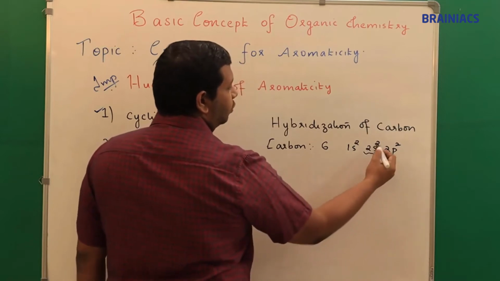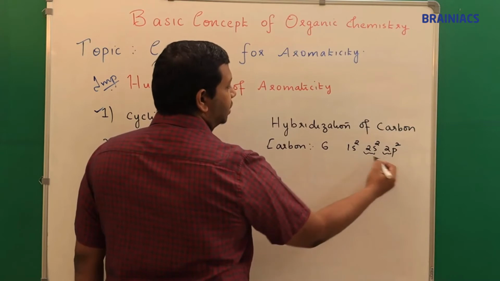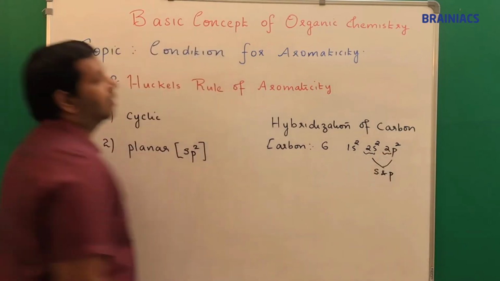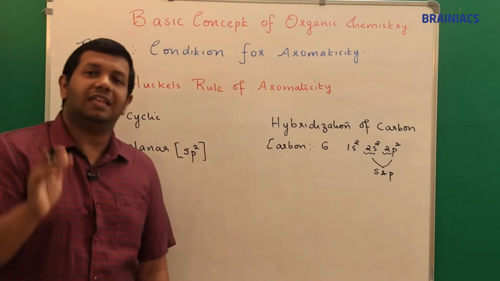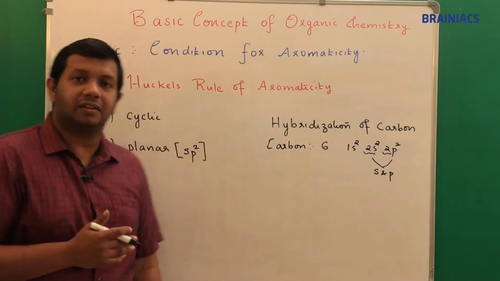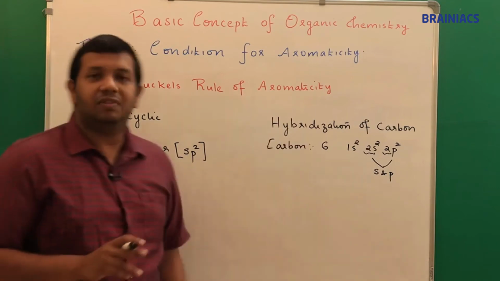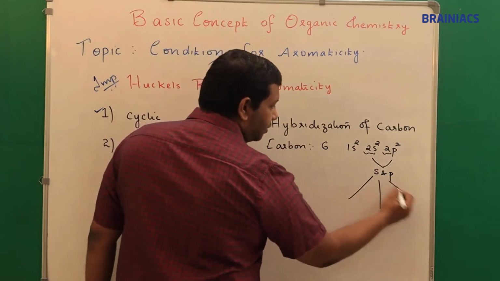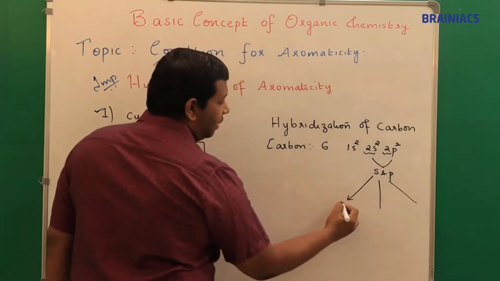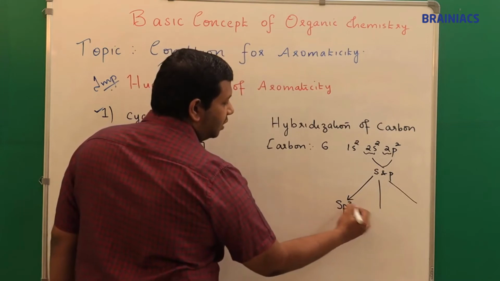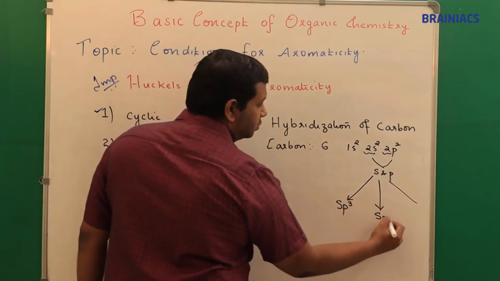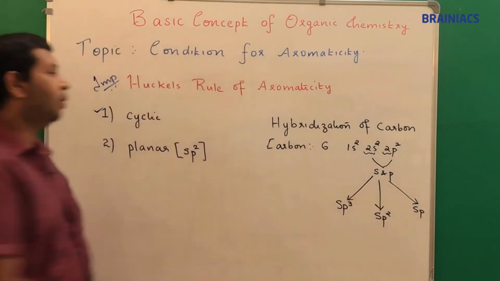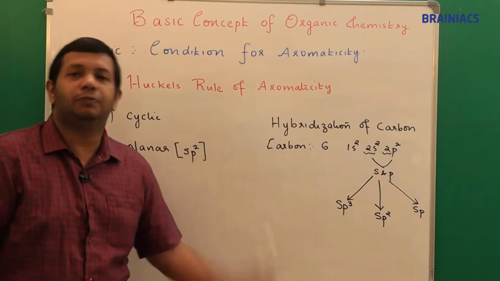In this valence shell, the orbitals taking part are s and p. There is no d orbital. So with s and p, there are 3 possible hybridizations: sp3, sp2, or sp. These are the 3 possible hybridizations for carbon.